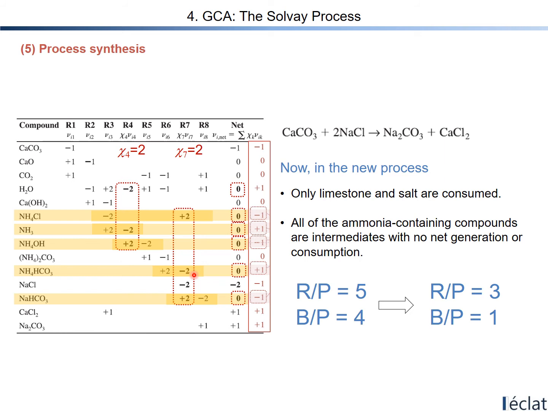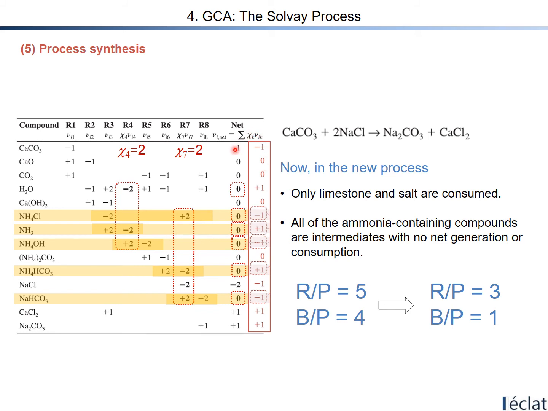Let me calculate the net summation of stoichiometric coefficients again. Those values are coming from the previous slide, I mean, before doing the process synthesis or before applying the weight factors.